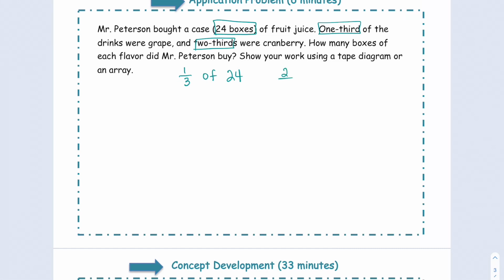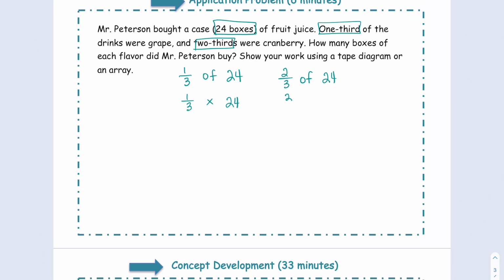And we also need to figure out 2/3 of 24. Now, the word of can be substituted for copies of or groups of. And so when I do copies of or groups of, boys and girls, what am I actually doing? Hopefully you remembered it's multiplication.